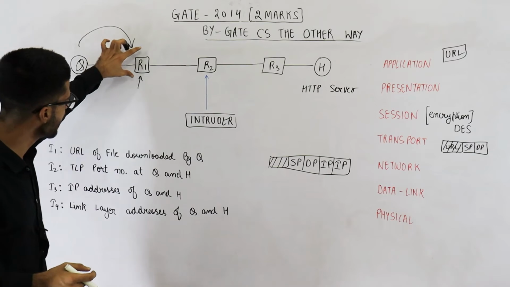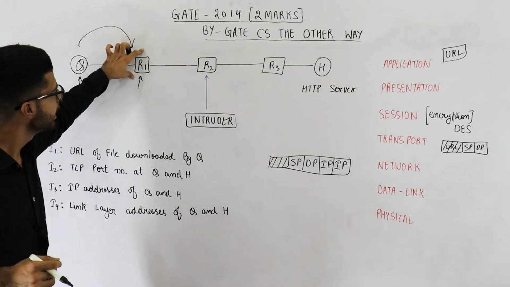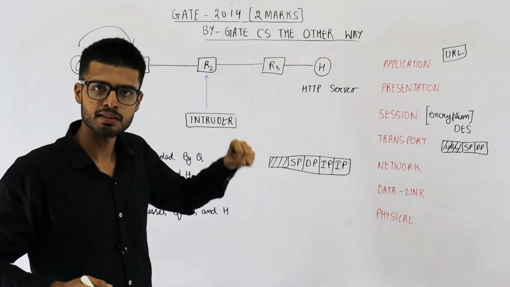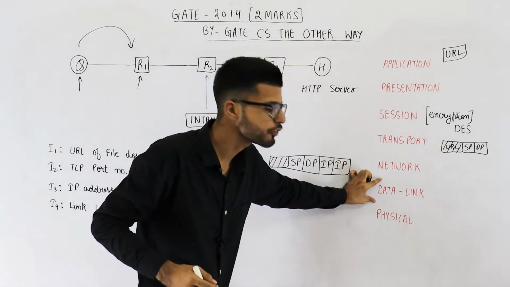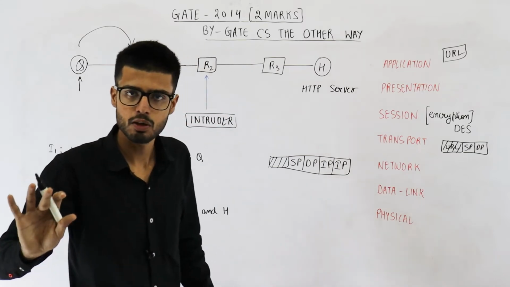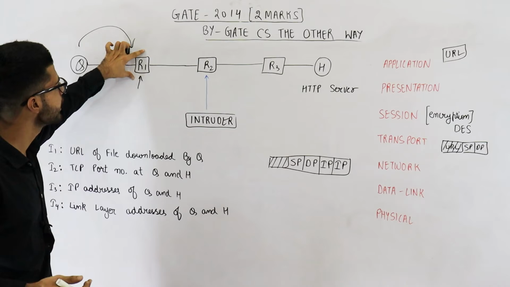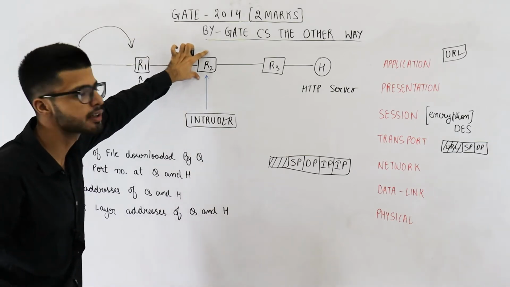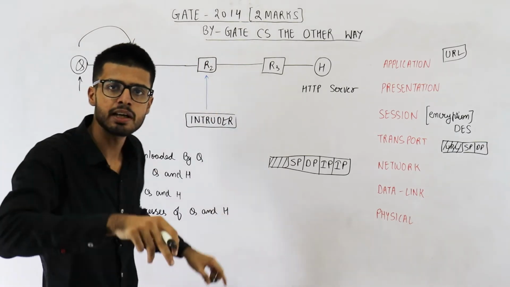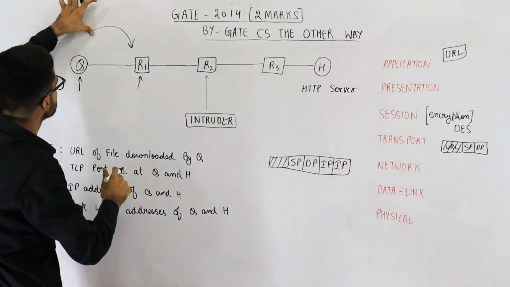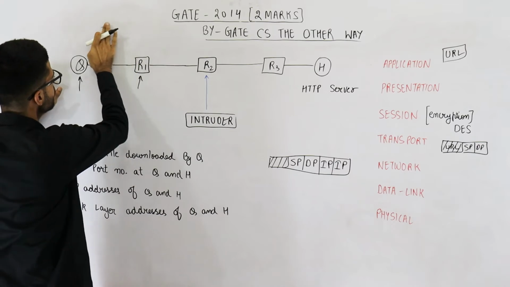Now R1 will receive that frame. R1's data link layer will just take the network layer packet out of the frame. That frame will be dropped. Now, after analyzing, R1 will decide that the message has to be forwarded to R2. R1 will again prepare a new frame. In that, the addresses will correspond to this hop.